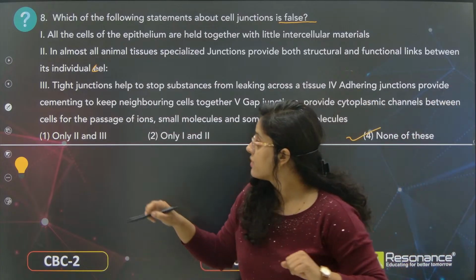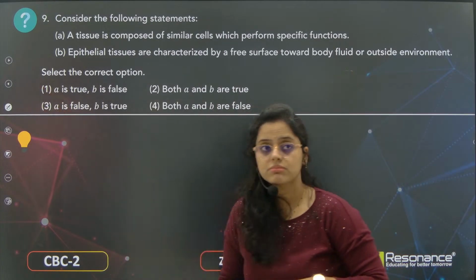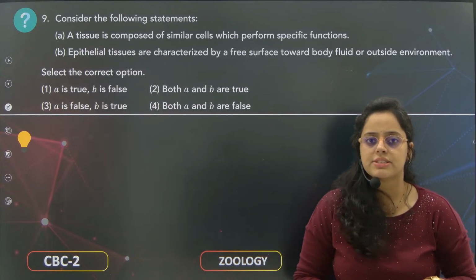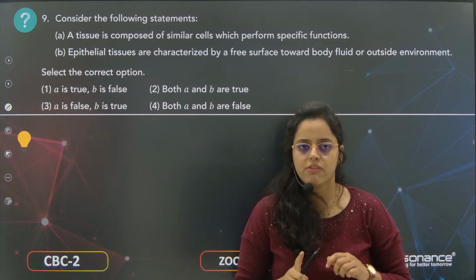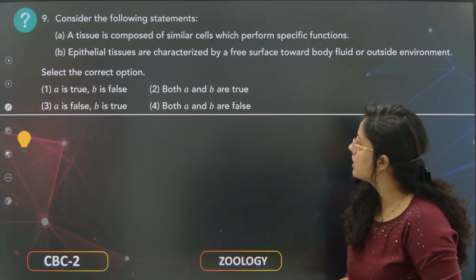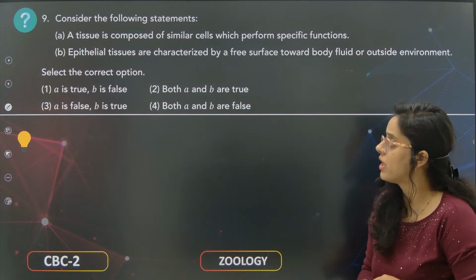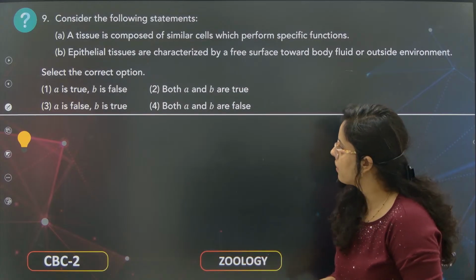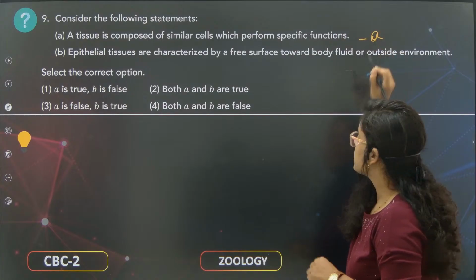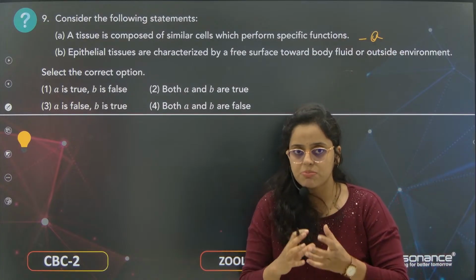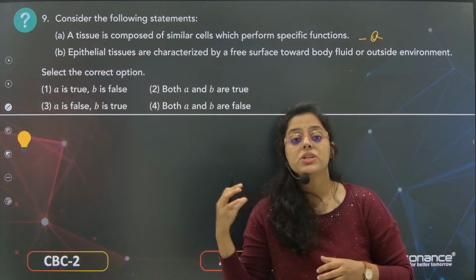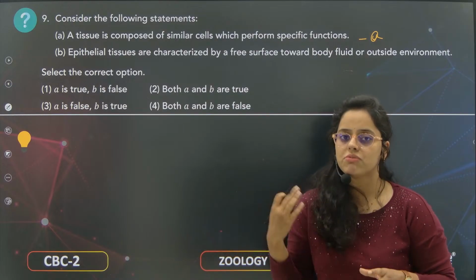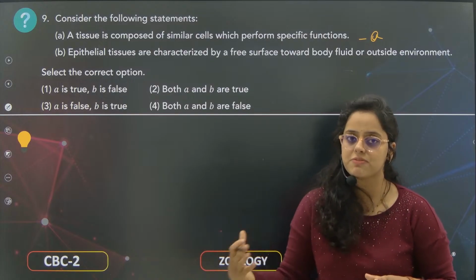Now coming to the next question, question number 9. A tissue is composed of similar cells which perform a specific function. Is it true or false? Yes, it is true. A tissue is made up of the same type of cells which perform similar functions. Now, an organ is made up of different types of tissue but performs a specific function.